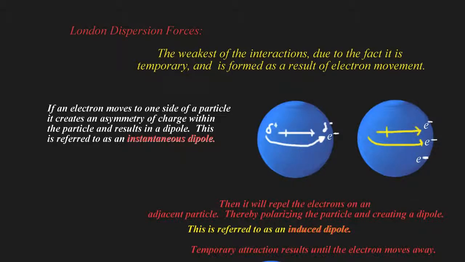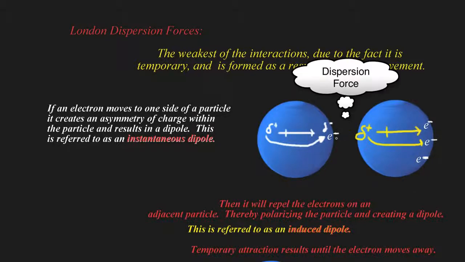Now, because I have a partial positive charge here, I'm going to have some attraction going on between this electron deficient region and this electron rich region. So we're going to have a little attraction happening there.